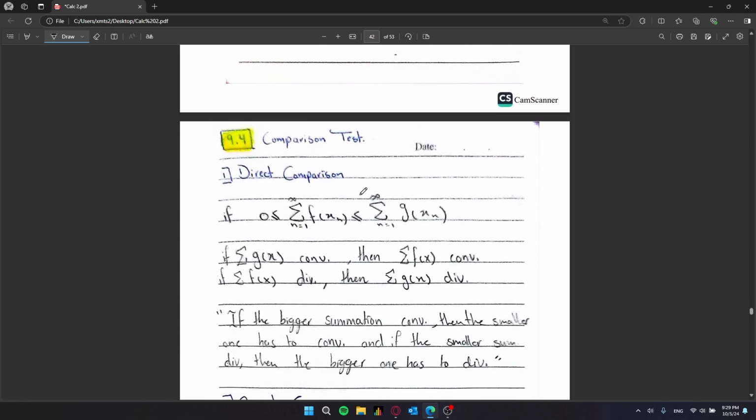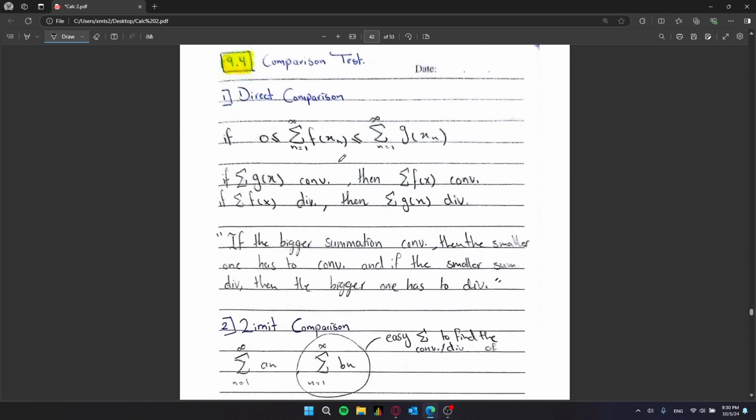Now, the next lesson is the comparison test, or there's a few different types of comparison. There is the direct comparison and the limit comparison. Now, the direct comparison tells you that if the series converges and it is greater than... this is going to be similar in concept to the point that we just went over, which is, hang on a moment, the direct comparison test.